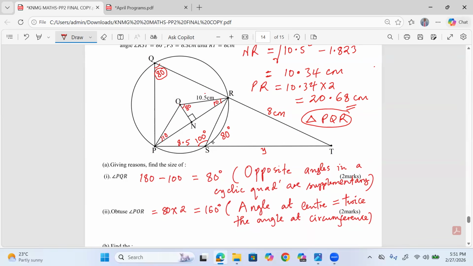This is because this is 10, this is 10, and we have 80 there, that's 100. Just check this. According to this triangle, we are talking about 10, 10, and this is 80.